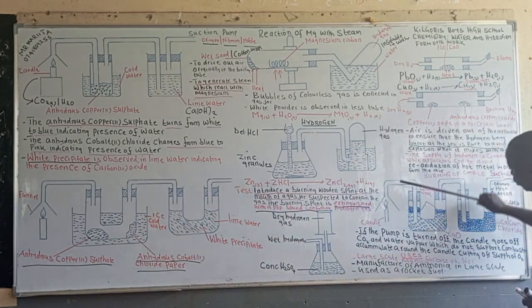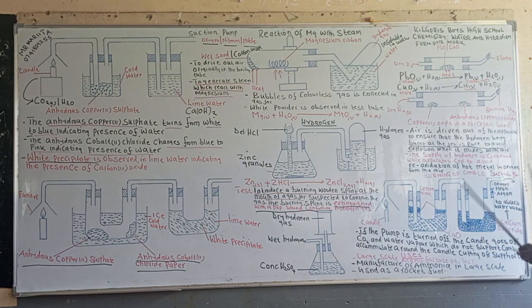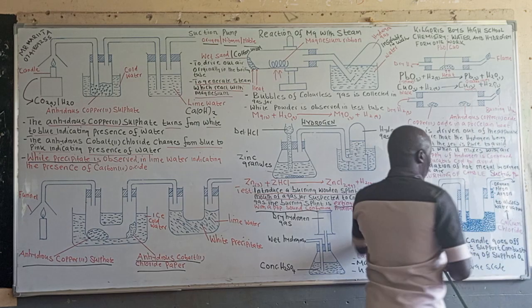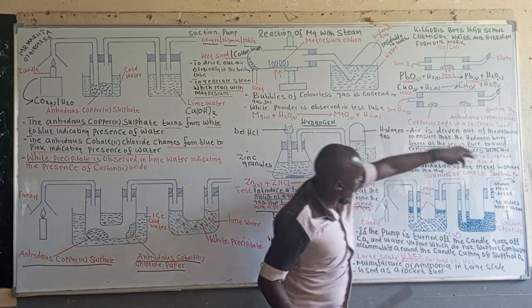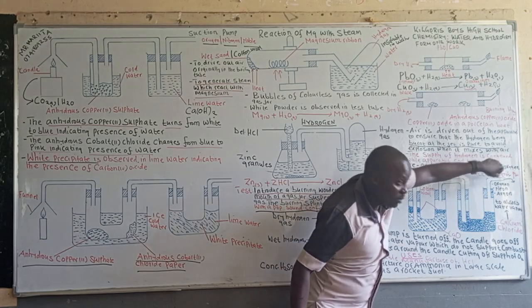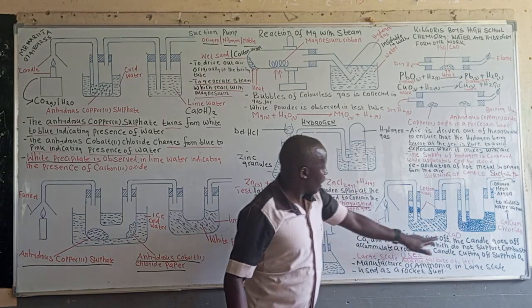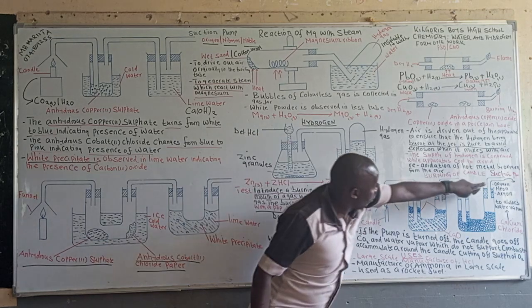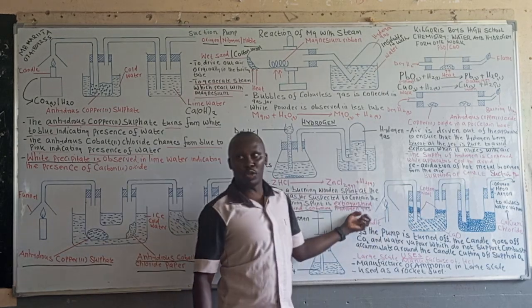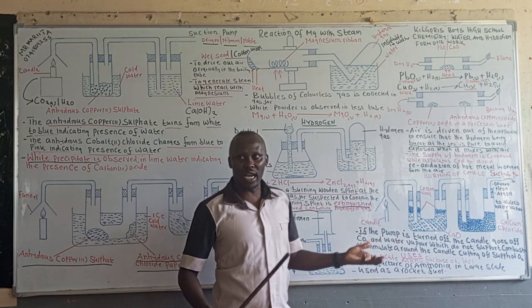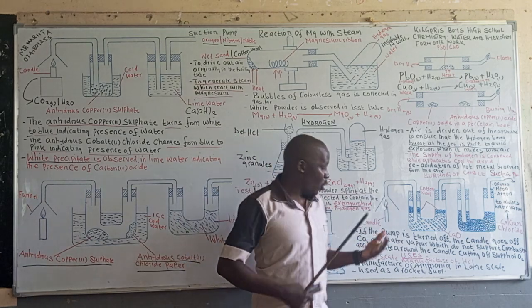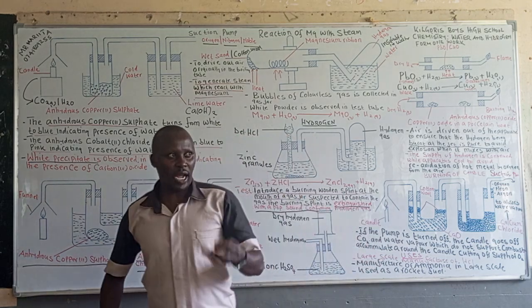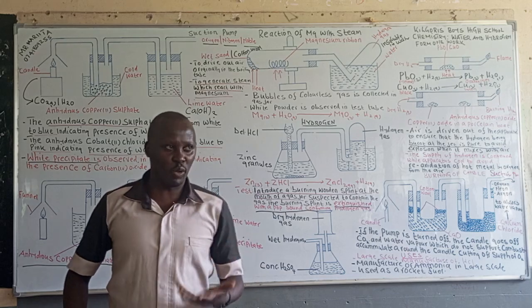Now, what are you supposed to know from this experiment? When the pump is turned off, the candle goes off. Normally, why is that? Because the products of a candle are just CO2 and water.